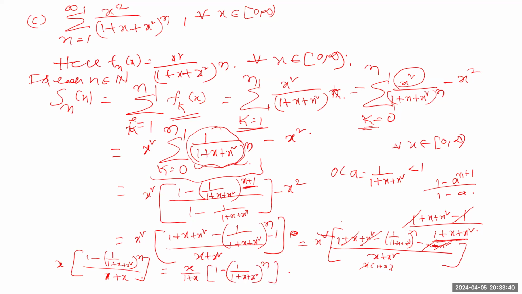What happened as n tends to infinity? This approaches 0, because this is less than 1 to the power n. As n tends to infinity, this value becomes 0. So we will get x over 1 plus x. So what we did, this Sn of x approaches S of x, that is x over 1 plus x as n tends to infinity, isn't it? So this is your S of x, the sum of that one.